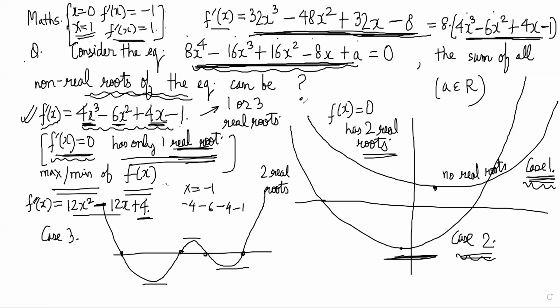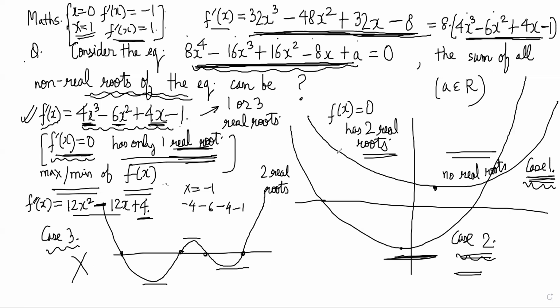So we need to now understand which case it is, whether it is the no real roots case or whether it is the two real roots case. So we have already excluded case 3. Case 3 is not coming in this equation.